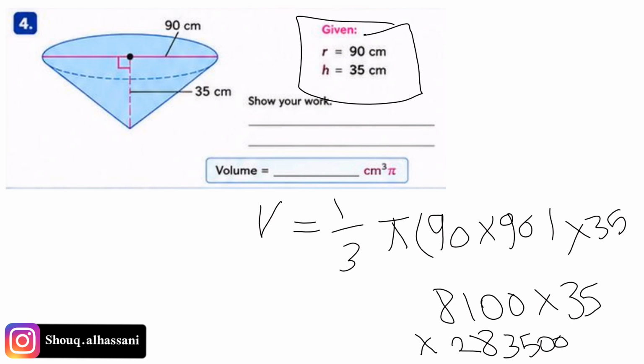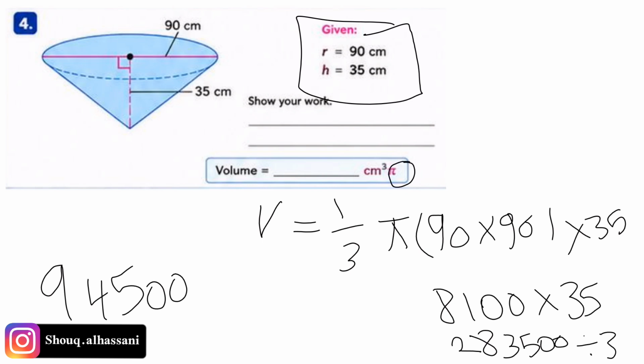And then we will divide it by 3, which gives 94,500. And then we multiply. We don't need to multiply by 3.14 because it is given by pi. So 94,500.